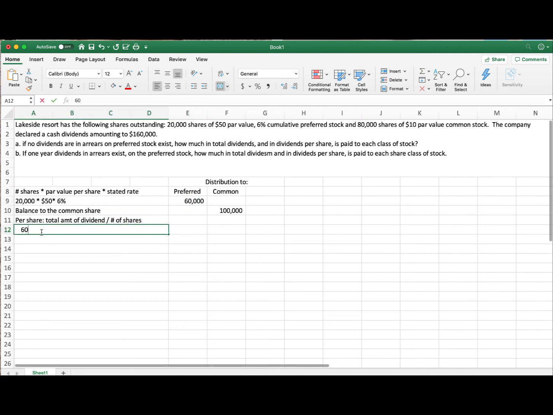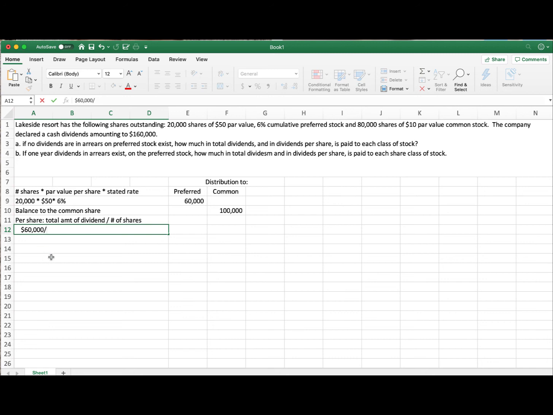$60,000. So I'm going to take $60,000 and divide that by the number of preferred shares I have outstanding. How many preferred shares do I have outstanding? 20,000.